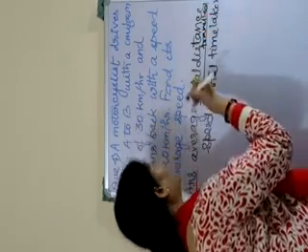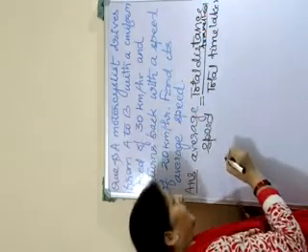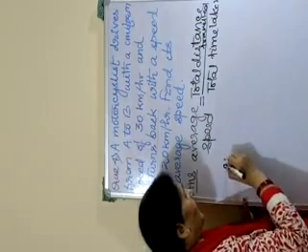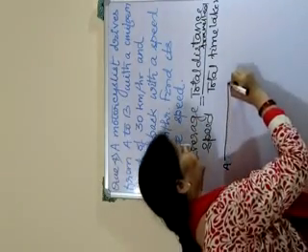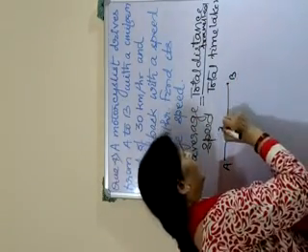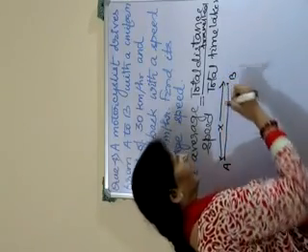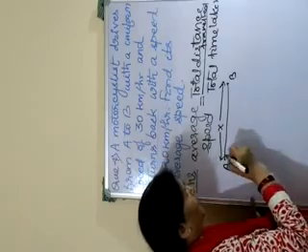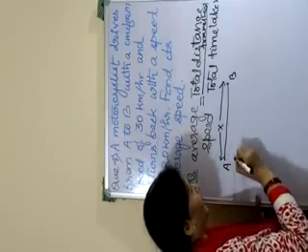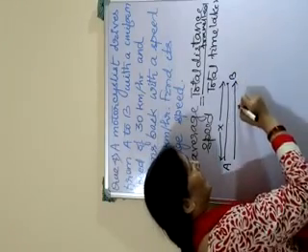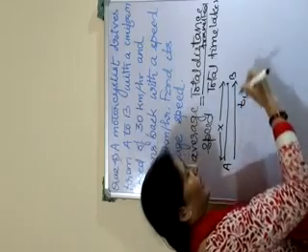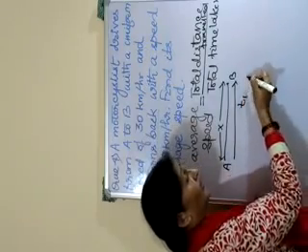Let us assume a distance between A to B is x and time taken to go from A to B is t1 and time taken to return back to A is t2.